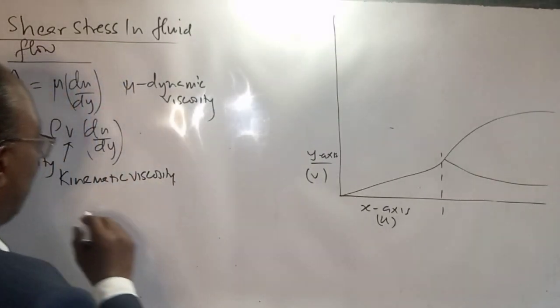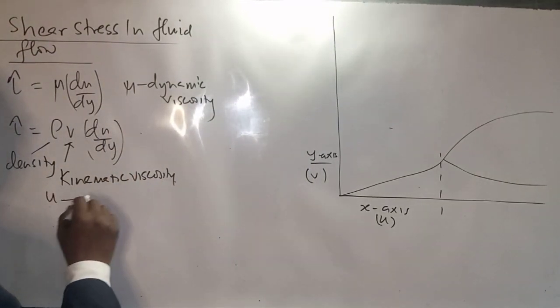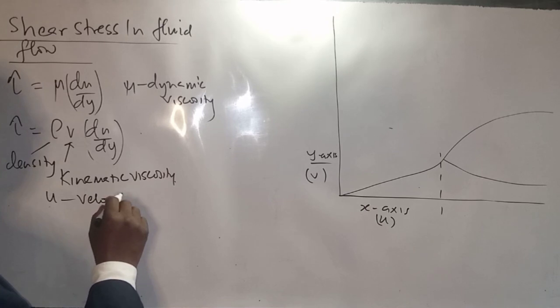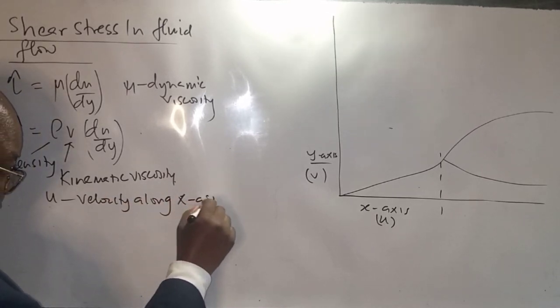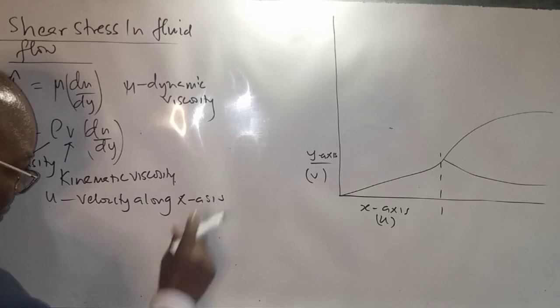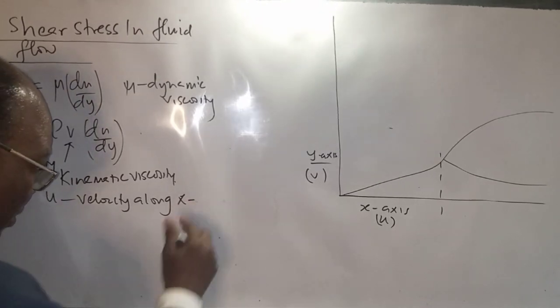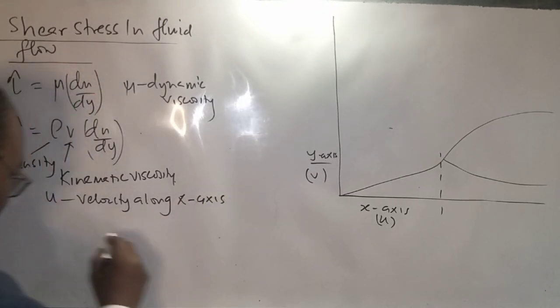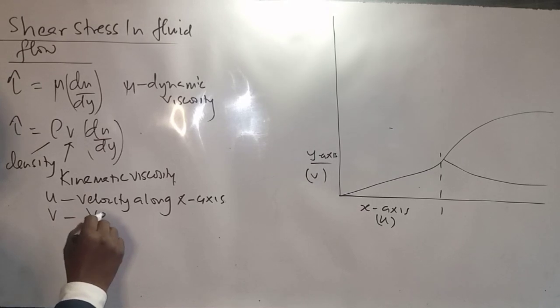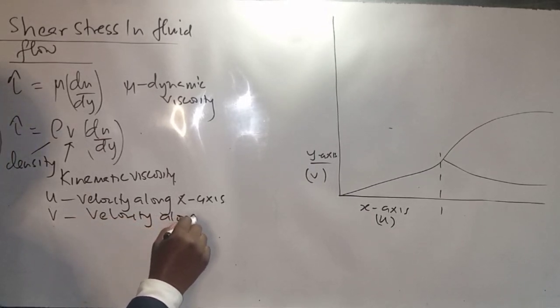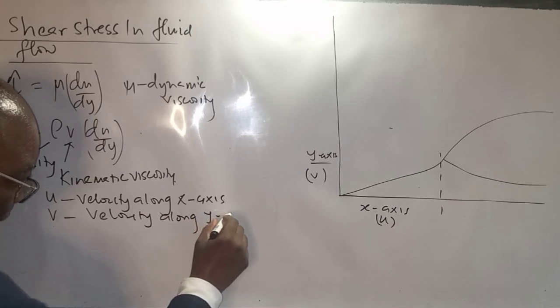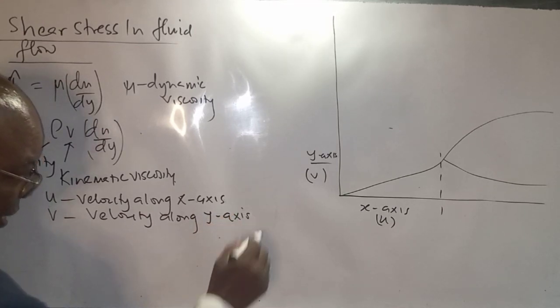Note again, u and v. u is velocity along the x-axis, and v is velocity along the y-axis.